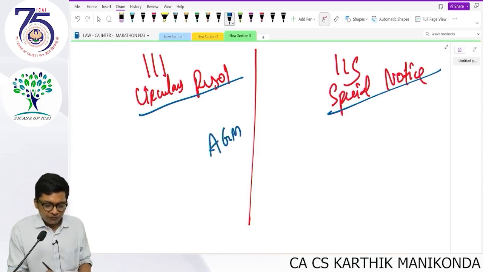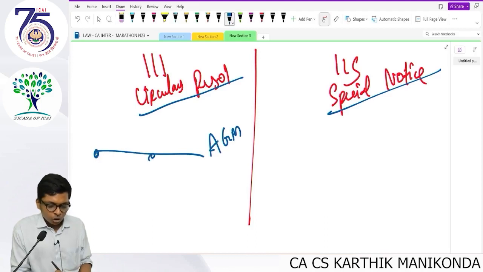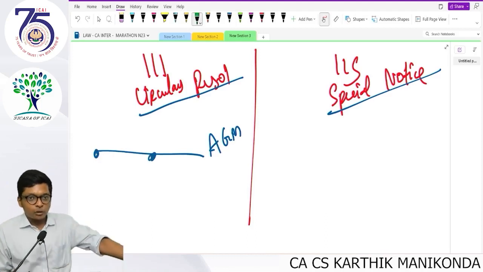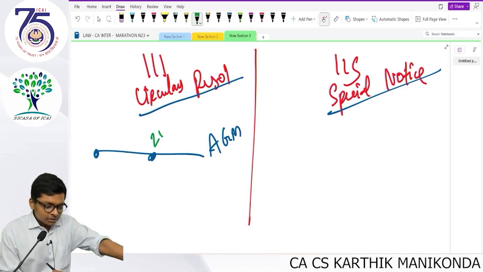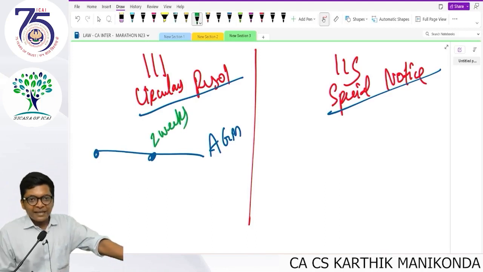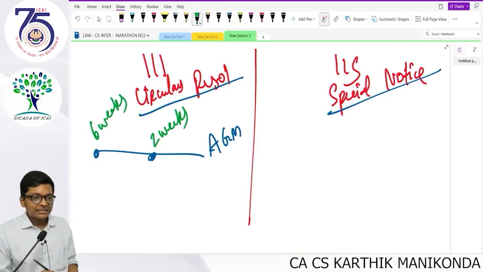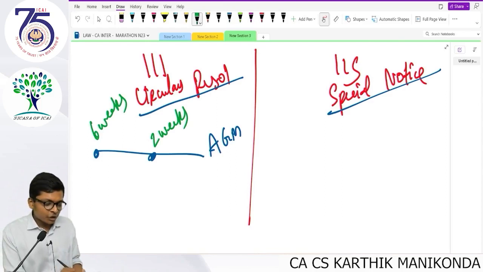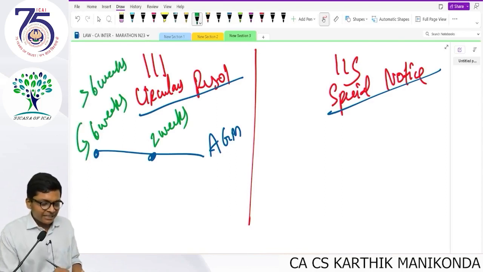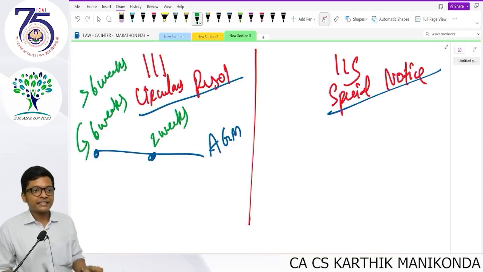From the date of AGM, you should deposit your request at least 2 weeks in advance, not later than 6 weeks, correct? Not later than 6 weeks. If you give something more than 6 weeks in advance, it's deemed as if it's given within 6 weeks.